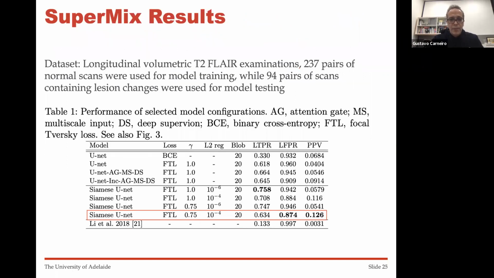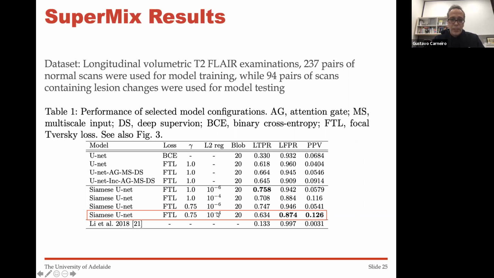So in terms of results, we used our private longitudinal volumetric T2 FLAIR examinations with about 200 pairs of normal scans for training and 94 pairs of scans containing lesion changes for testing. So again, only normal images for training. And then for testing, we use only images that contain some type of lesion changes.